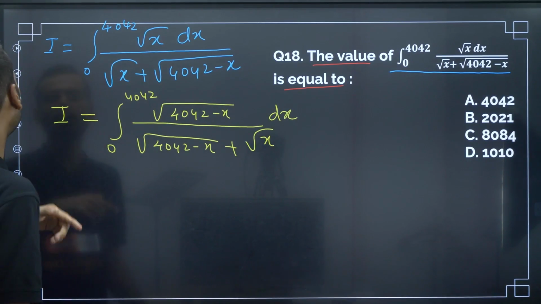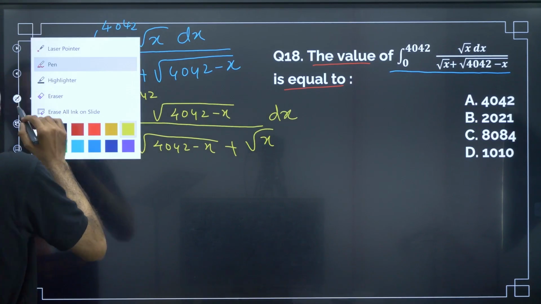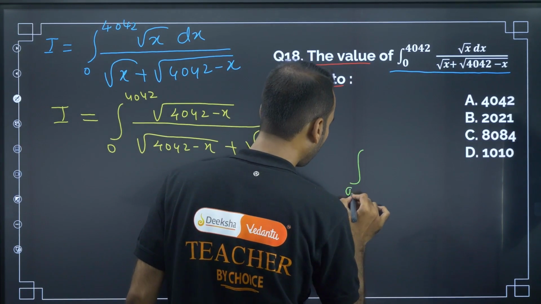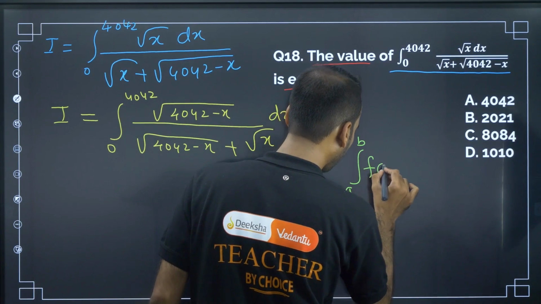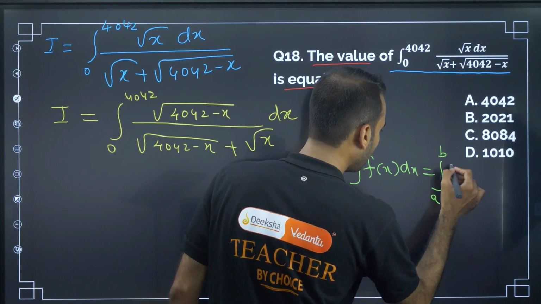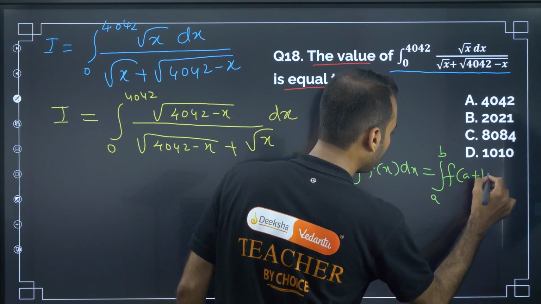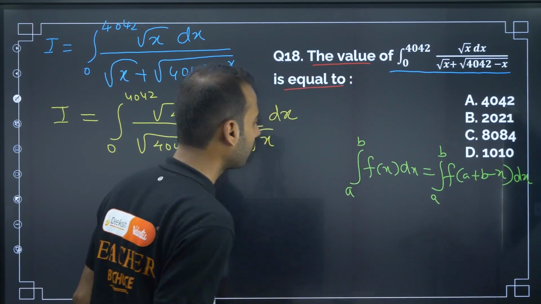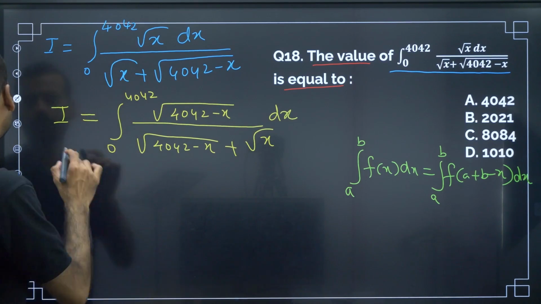Which property am I using? See here, in the previous problem only we have discussed. This is very important. Integral from a to b f of x dx is equal to integral from a to b f of a plus b minus x dx.